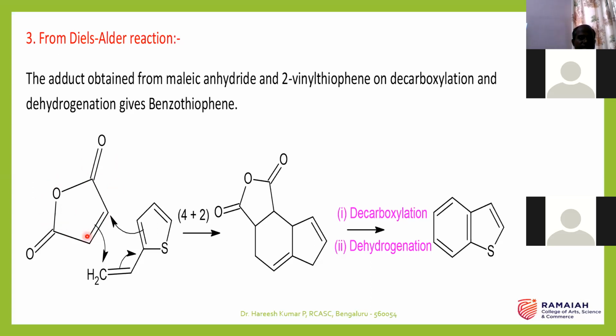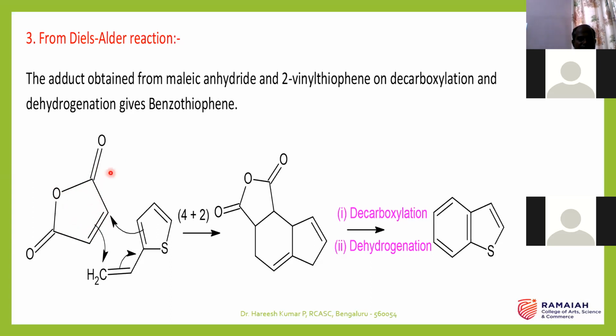This is called succinic anhydride. How can you get succinic anhydride? From succinic acid on dehydration. Take the succinic acid in a round-bottom flask, fix a condenser, and heat it above 100 degrees. Water should be removed, and then you will get succinic anhydride.